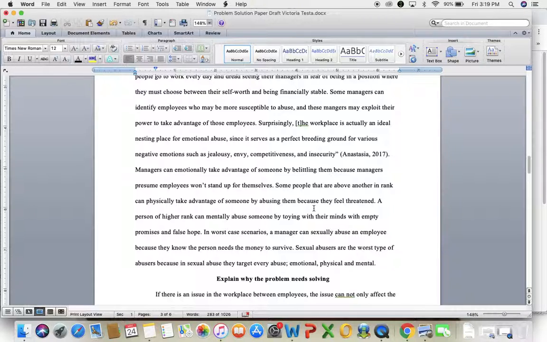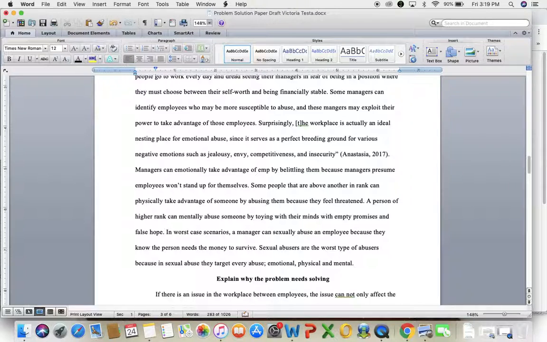They can physically take advantage of someone by abusing them because they feel threatened, and they can mentally abuse someone by toying with their minds with empty promises and false hope. Yeah. I think you can join those all into one sentence.